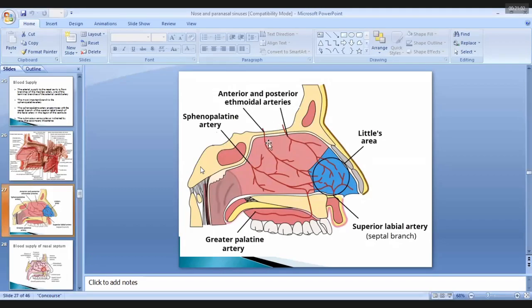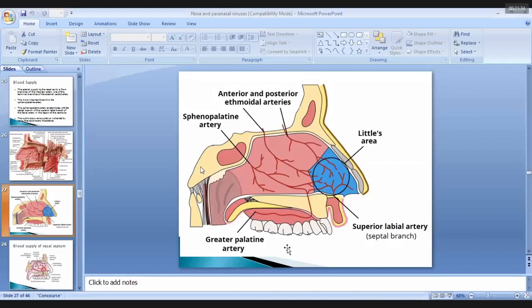So these are the 5 arteries supplying the area of the nasal cavity on its lateral wall and medial wall. There is a difference in the branches on the lateral or medial wall. For the septal medial wall, there is a septal branch of the superior labial artery, and for the lateral wall of the nose, there is a lateral nasal branch of the facial artery.